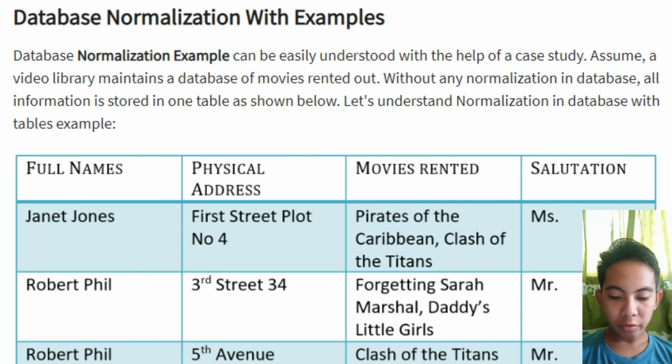Robert Peel rented Forgetting Sarah Marshall and Daddy's Little Girl. Robert Peel on 5th Avenue rented Clash of the Titans. For salutation, Janet Jones is Miss, Robert Peel is Mr., and the Robert Peel on 5th Avenue is also Mr.